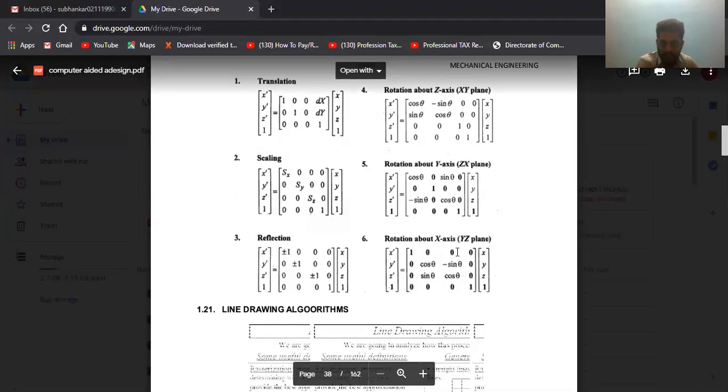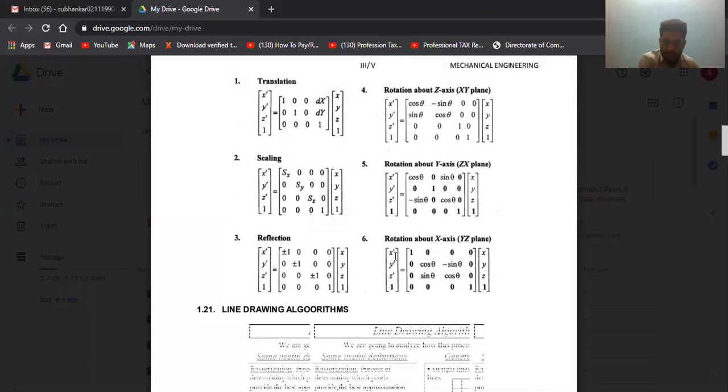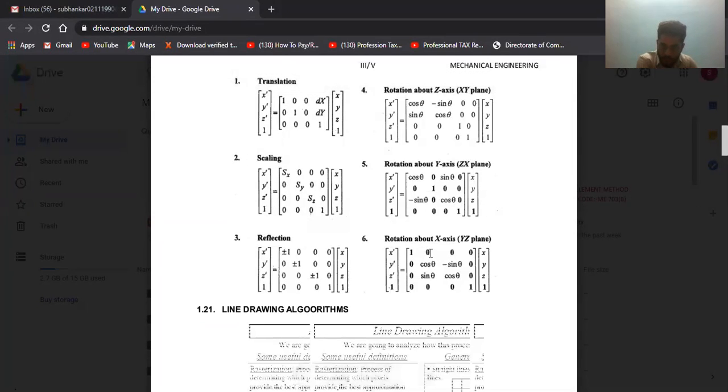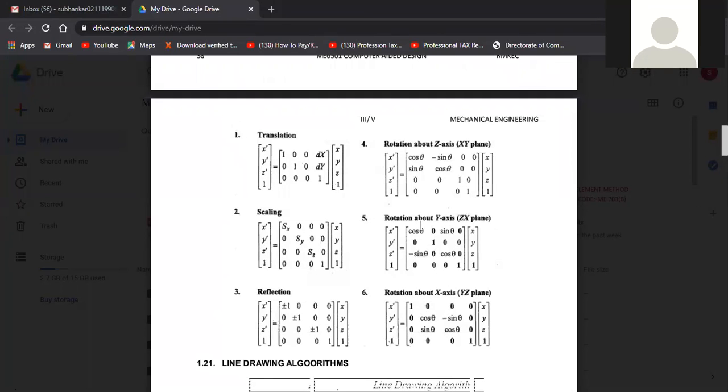How will you remember? If I want the rotation matrix about the x-axis, along x, except the first element, everything is 0. Yes or no? See, 1, 0, 0, 0. Clear? Along y, this is my y, except the middle one, everything is 0.